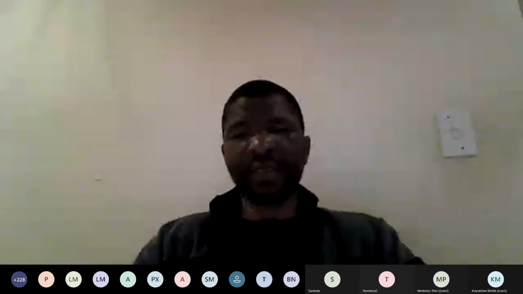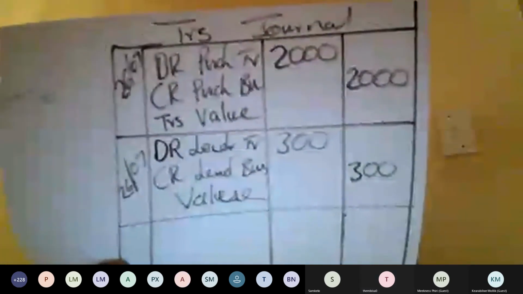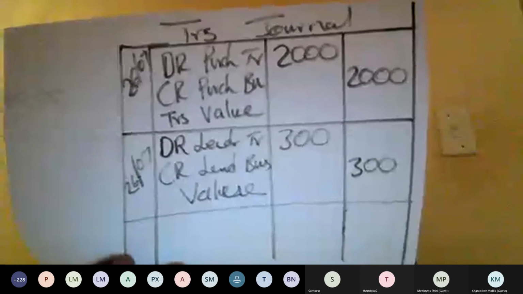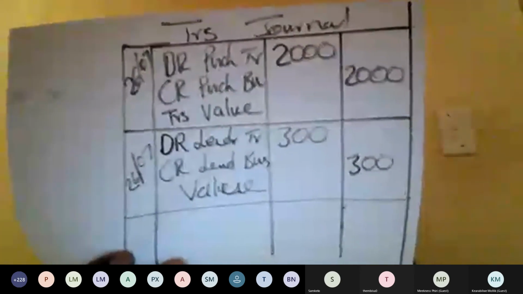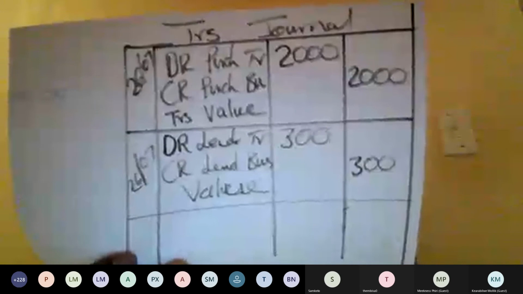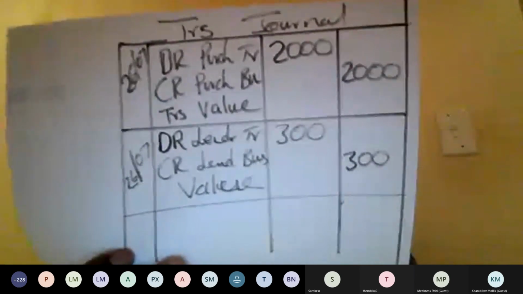And then you debit the lender's trust 300 rands, credit the lender business 300 rands. And that is that fee journal in respect of the lender.